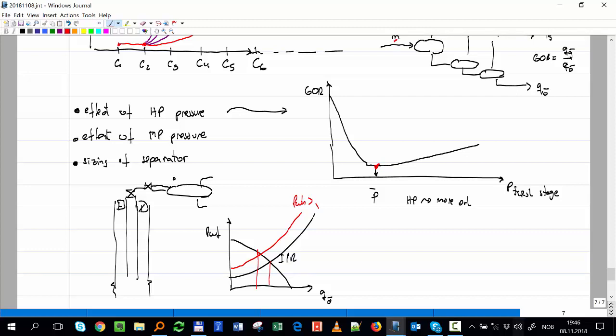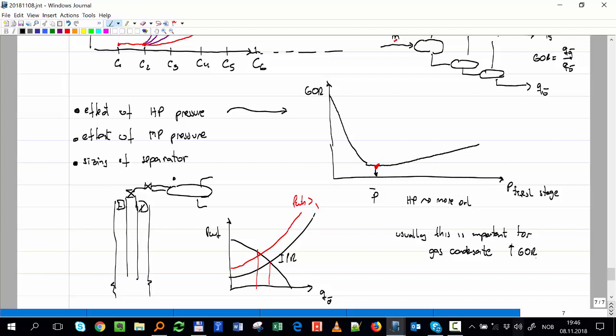This is usually important for gas condensate, when I have very high GOR. If you remember the curve for gas, with a big size tubing it was relatively flat.